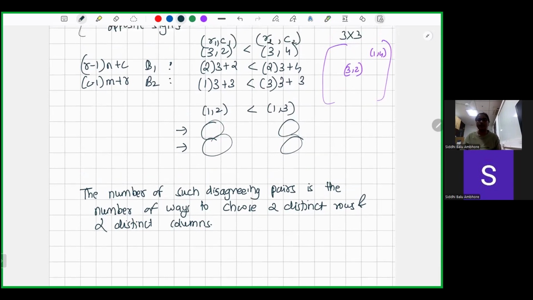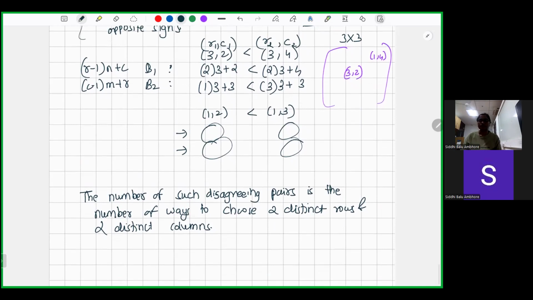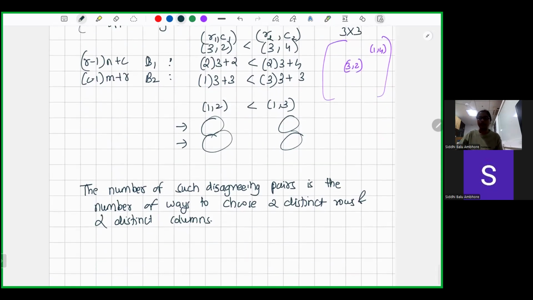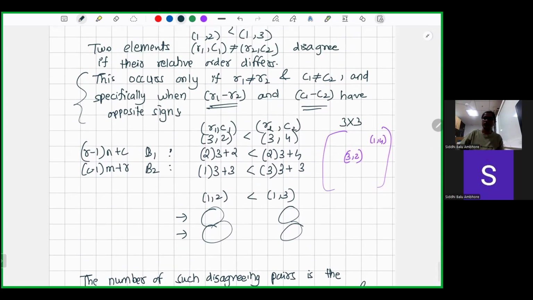Then only this will happen, when both of them are not equal. Is this understandable? I hope you understood.